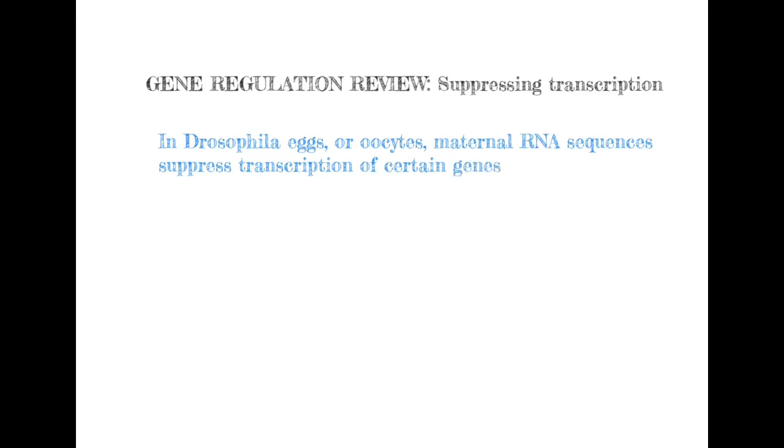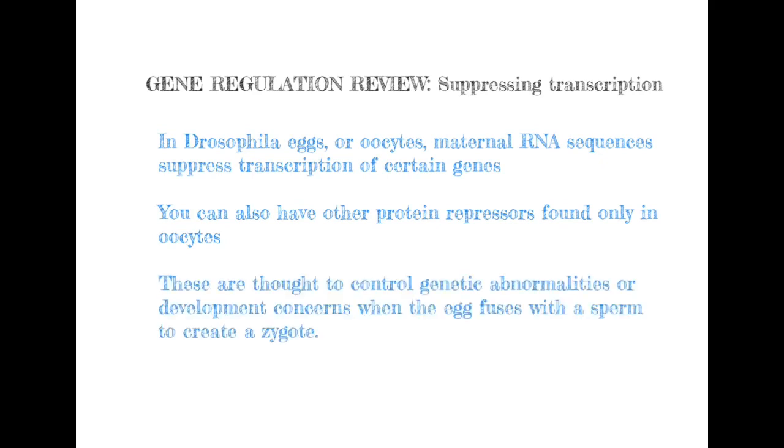You could have maternal RNA sequences, which are pretty short, that can suppress transcription of certain genes. Also, there can be protein repressors that are found in oocytes or Drosophila eggs that also repress the expression of certain genes.